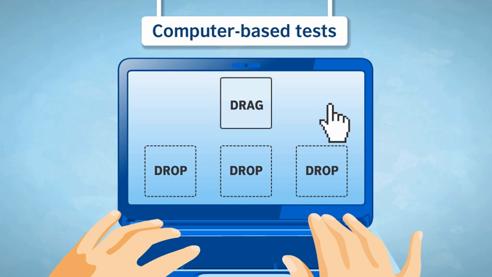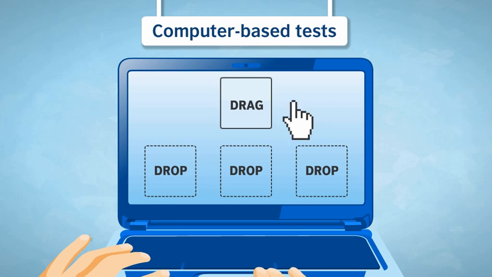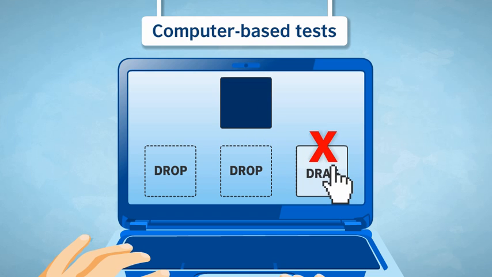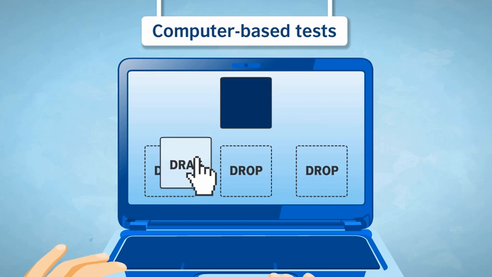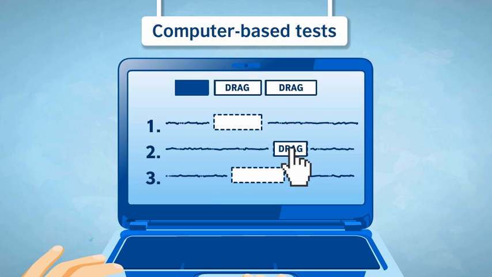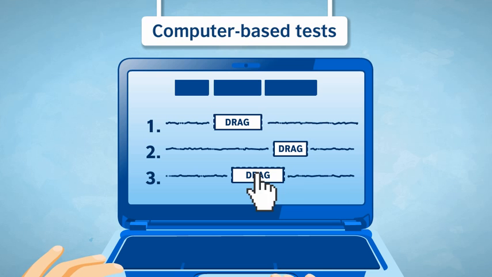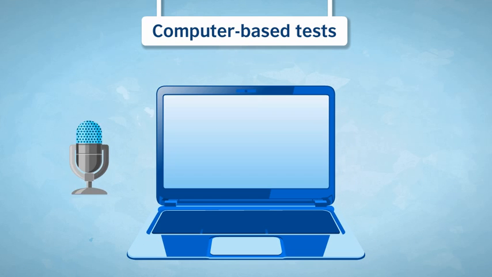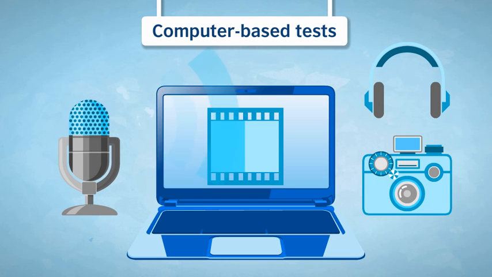For example, instead of writing answers to questions, computer-based test takers can use a drag-and-drop technique, where answer options can be moved around the screen to the appropriate place. This is often used for matching-type questions and for gap-filling tasks. In addition, multimedia can be integrated into a test to provide more authentic and relevant contexts.